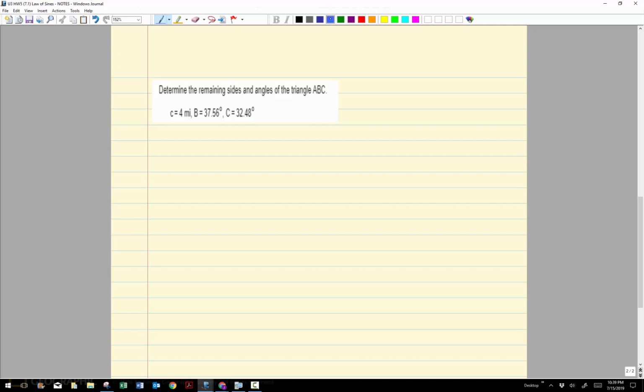Okay, so to get started, I kind of want to organize this. For a triangle, I have sides and I have angles. So for my sides, that would be the lowercase a, b, and c. And for my angles, that would be capital A, capital B, capital C. So for this problem, I'm given that c equals 4 miles.